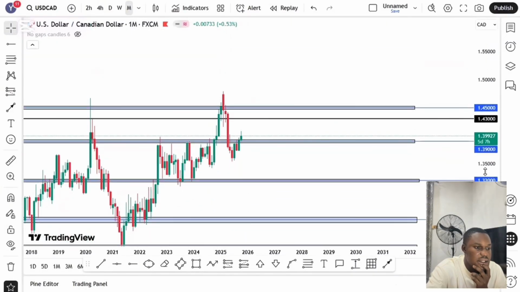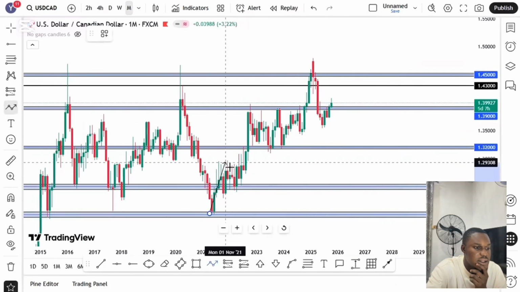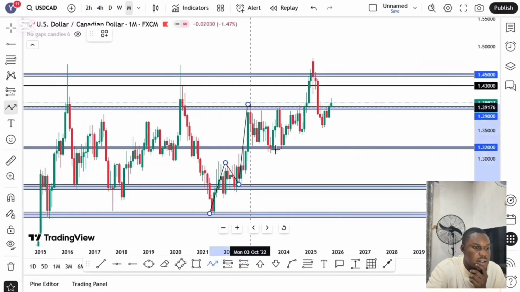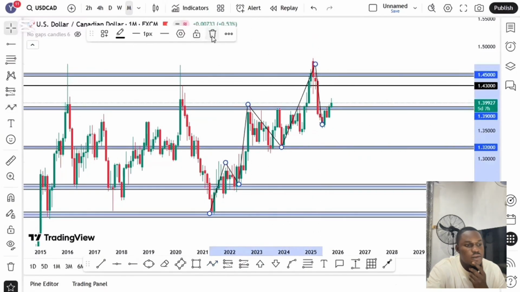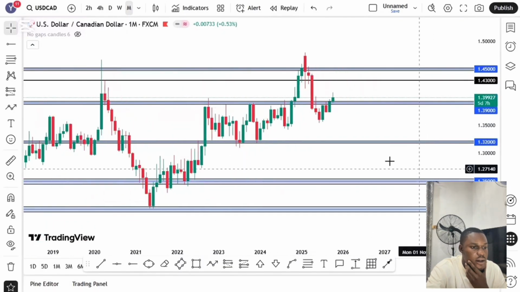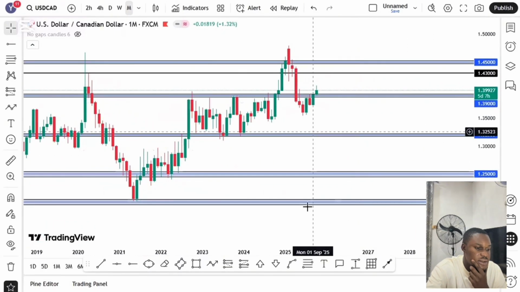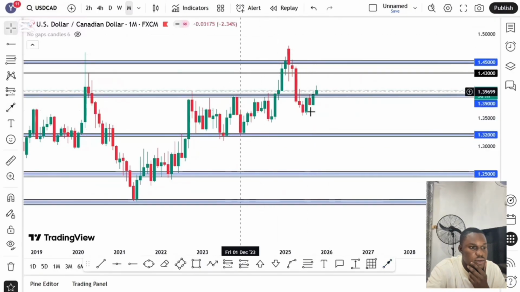So on USDCAD, we have been putting a series of higher highs and higher lows. Honestly, I was expecting the USDCAD to drop to this major level right here, but the market failed to do so.